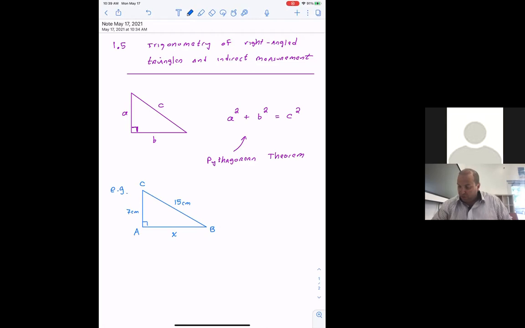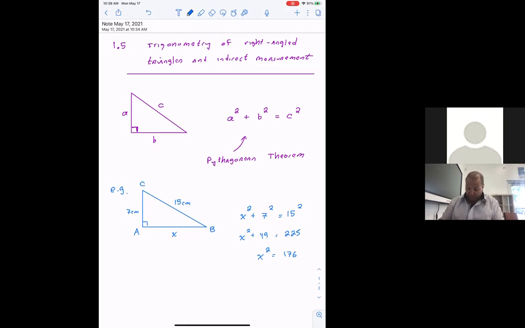So here we have the currently unknown X squared plus 7 squared equals the hypotenuse, which is 15 squared. 7 squared is 49, 15 squared is 225. So X squared plus 49 equals 225. Subtract 49 on both sides. X squared equals 176.